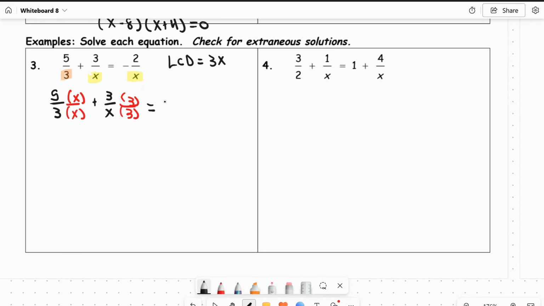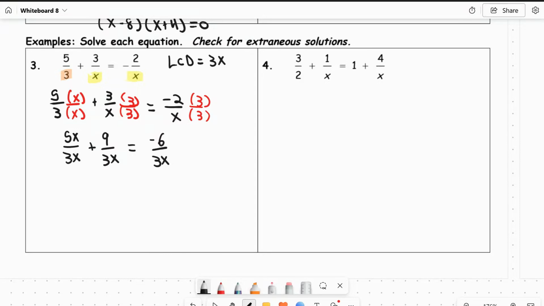My final fraction, negative 2 over x, once again has to be multiplied by 3 over 3. Now I'll simplify this. So I've got 5x over 3x plus 9 over 3x equals negative 6 over 3x.